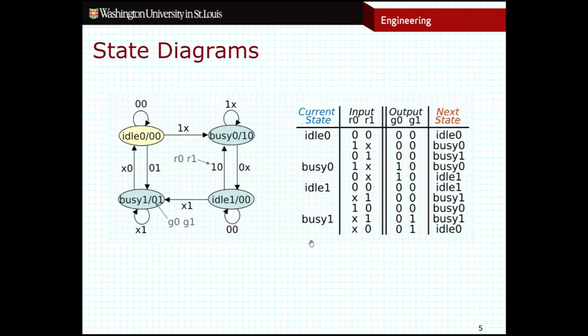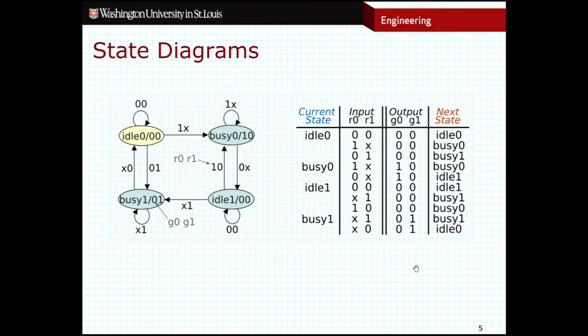This table displays the exact same information as the finite state machine. The only difference is how it's displayed. These diagrams can make things a little bit easier when converting your finite state machines into circuits, which is something that we're going to talk about a little bit later on.